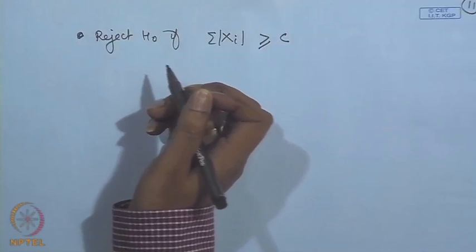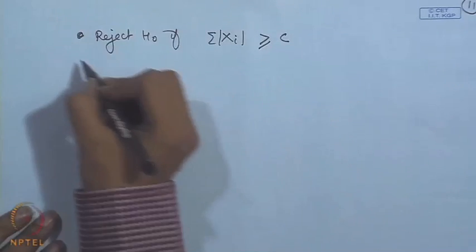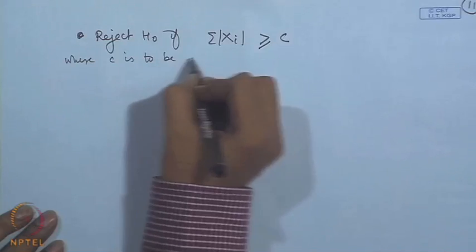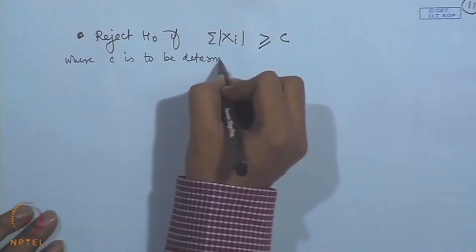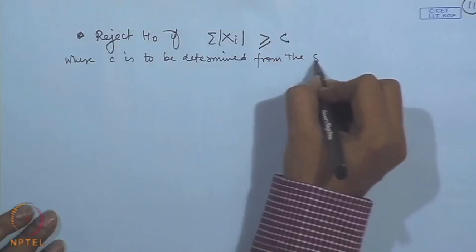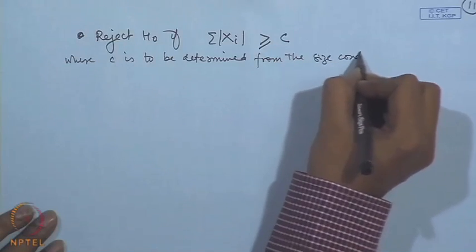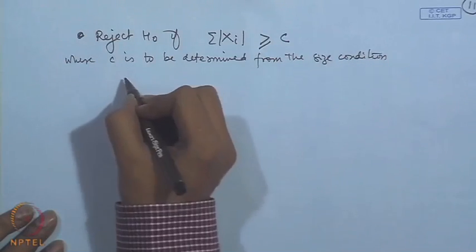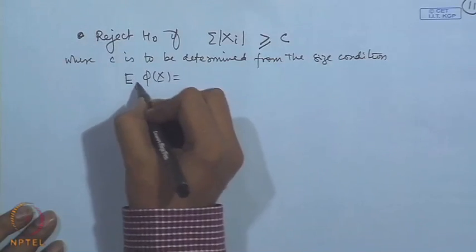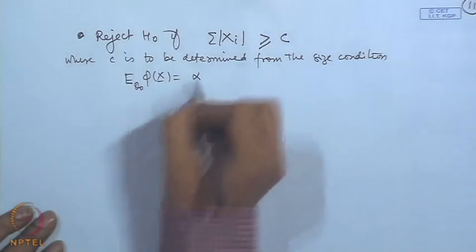Now, what we need to do is to determine C from the size condition, that is, expectation of phi(x) is equal to alpha.